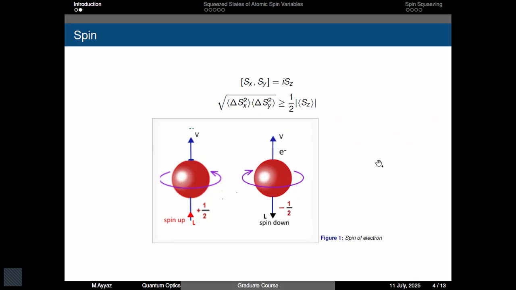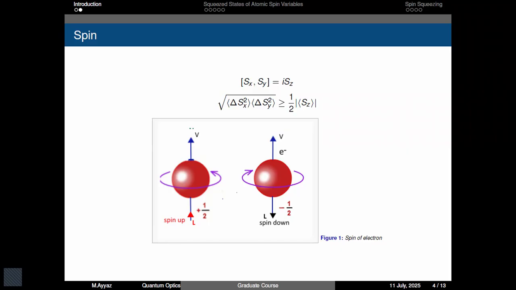We know that electrons have electric charge, and anything having electric charge and spinning produces a dipole moment, and this dipole moment interacts with the electric field and magnetic field. So that is how we define spin in classical physics, but we have an analog of this in quantum physics.